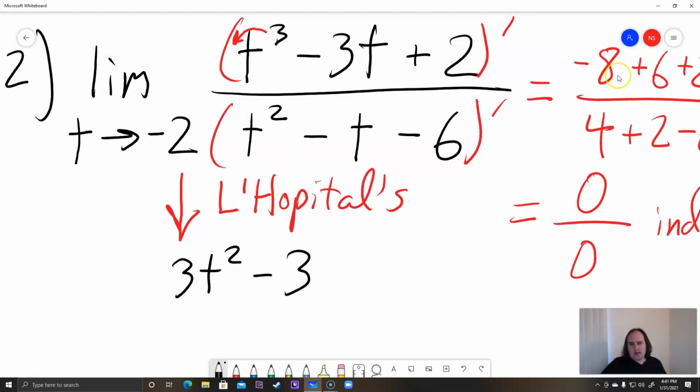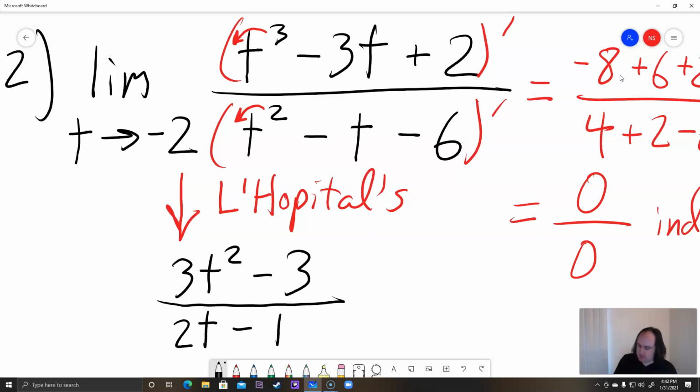And then on the bottom, again using the power rule, we can bring this exponent out front. Okay, so we get 2t minus 1, right? Because the derivative of negative t is negative 1, and then the derivative of negative 6 is 0 because it's a constant.